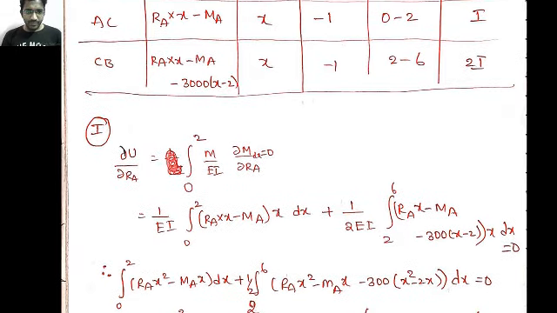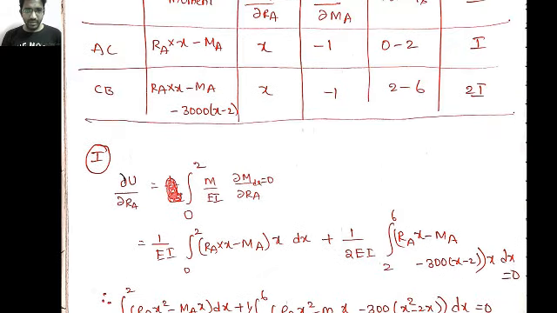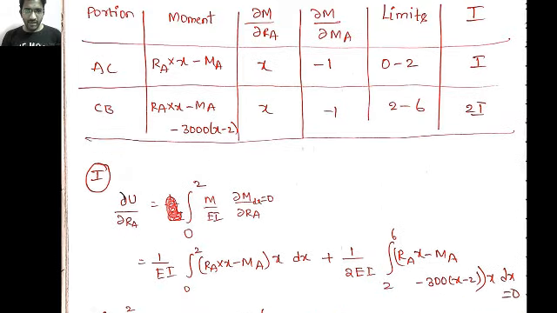So the integral of M by EI into ∂M/∂Ra into dx is equal to 0. First I take the AC portion. What is M here? RA into x minus MA, and ∂M/∂Ra is x. Plus the BC portion.